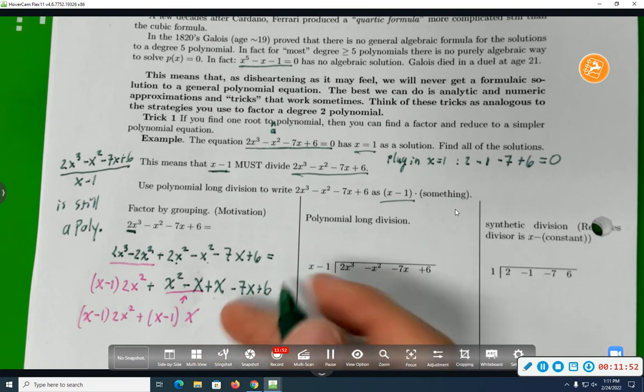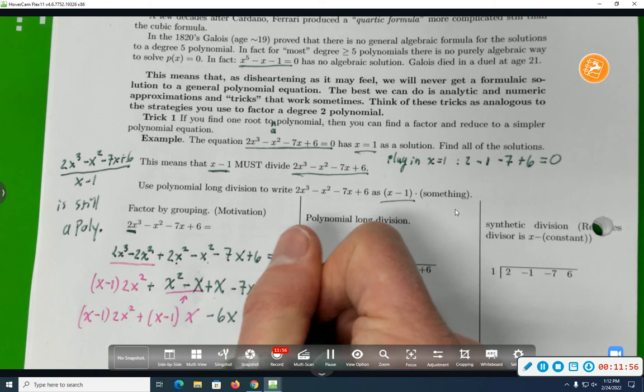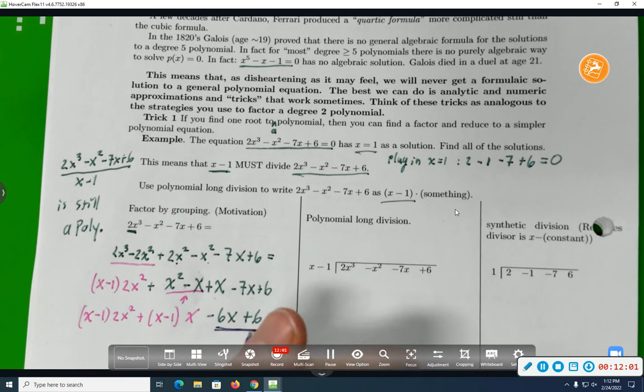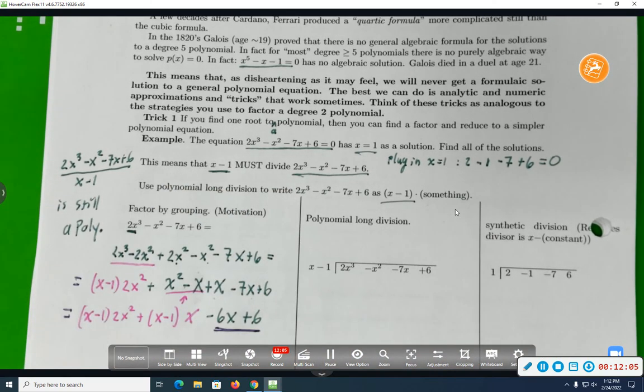X minus 7x is minus 6x plus 6. And now we'll just look at this last bit. I guess there should be equal signs between these because they're all supposed to be equal. Minus 6x plus 6. Can you factor an x minus 1 out of that? It is x minus 1 times negative 6. Awesome.